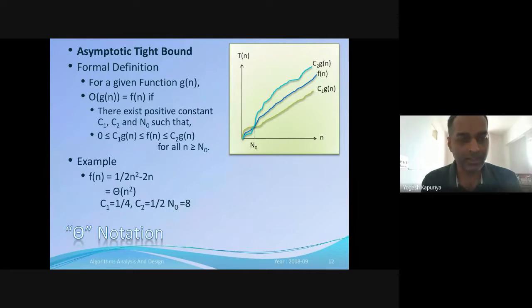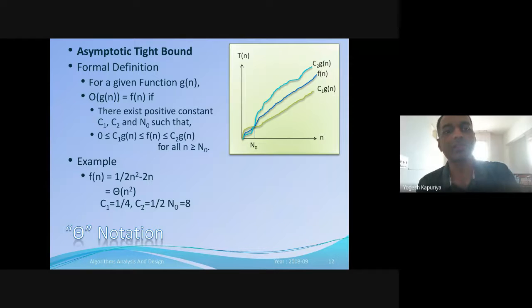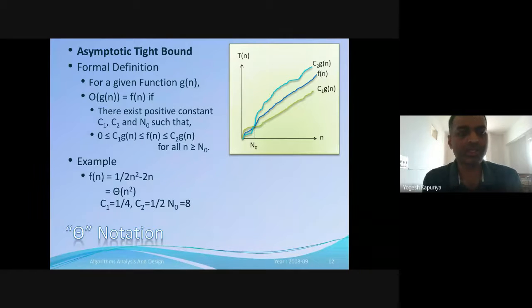What we do over here, for any given function f(n), is say f(n) is equal to theta of g(n) if there exist two positive constants c1 and c2 and one value of n, that is n0, such that c1 into g(n) is less than or equal to f(n) is less than or equal to c2 into g(n). And this is true for every value of n greater than or equal to n0.